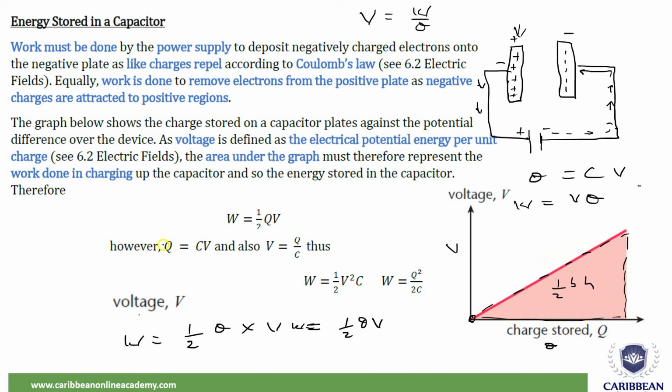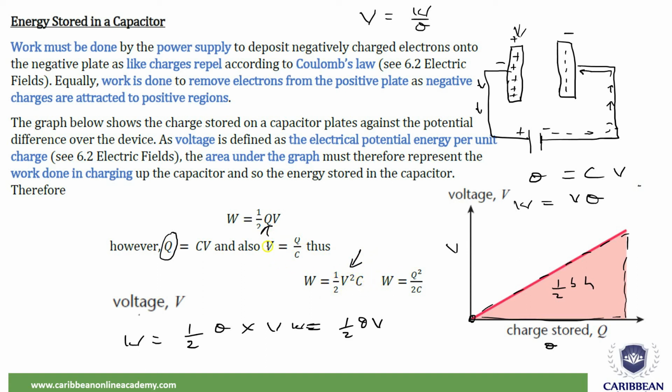Good. But there are other equations that can arise. If we recall that Q is equal to C times V, we can substitute Q in this equation. If I substitute Q in this equation, I am now left with the work done is equal to half V squared times C, right?